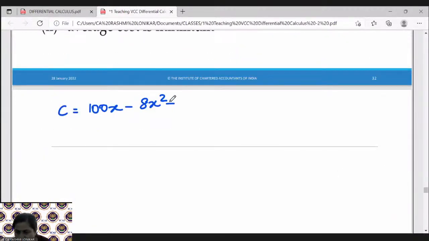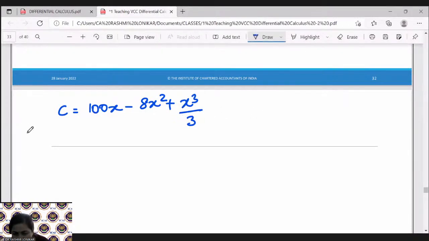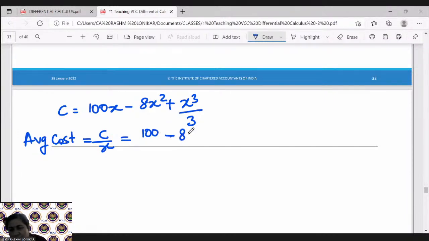Now average cost is what? Cost upon x. So this will be 100x upon x, so you will have 100 minus 8x square upon x will be 8x, and x cube upon 3 will be x square upon 3.